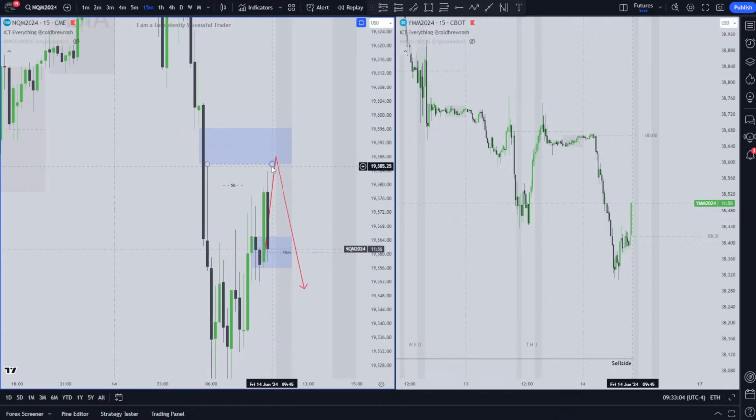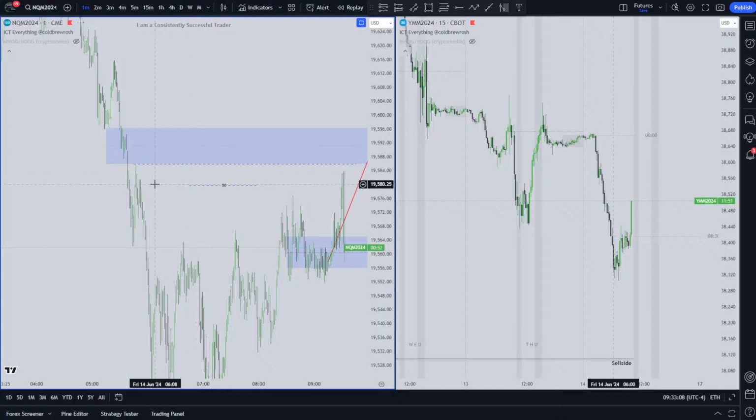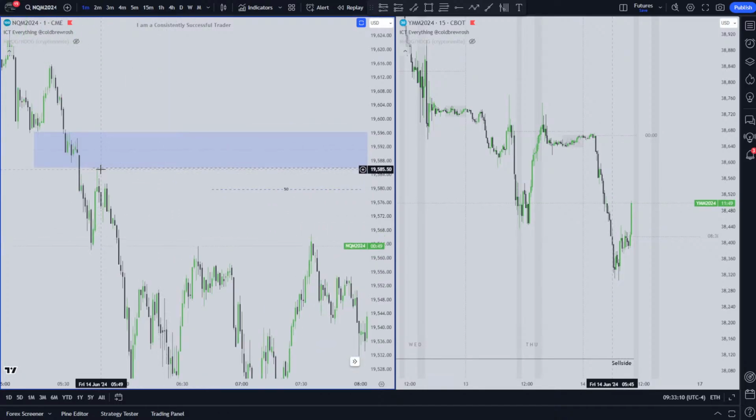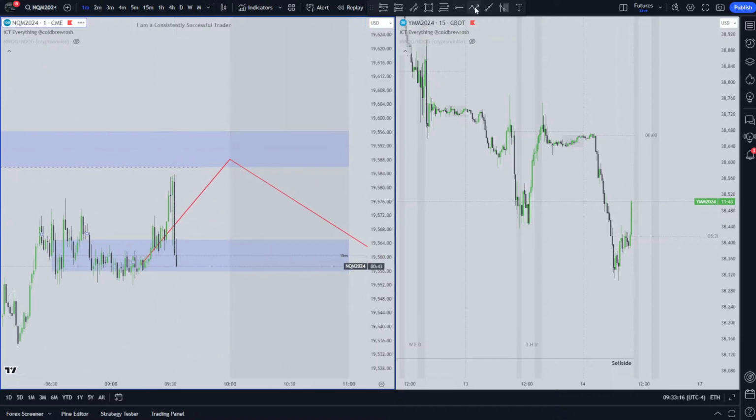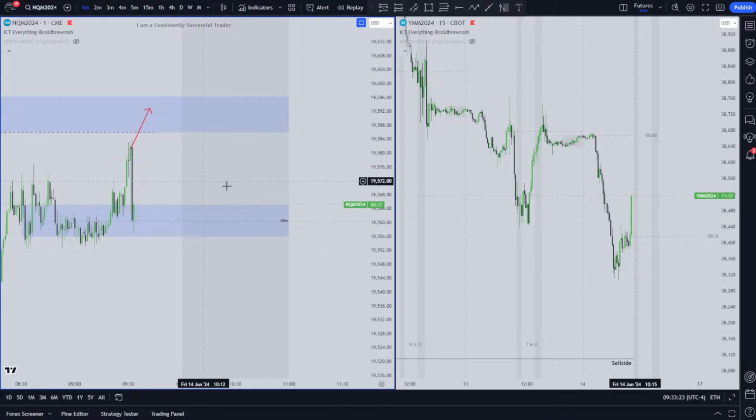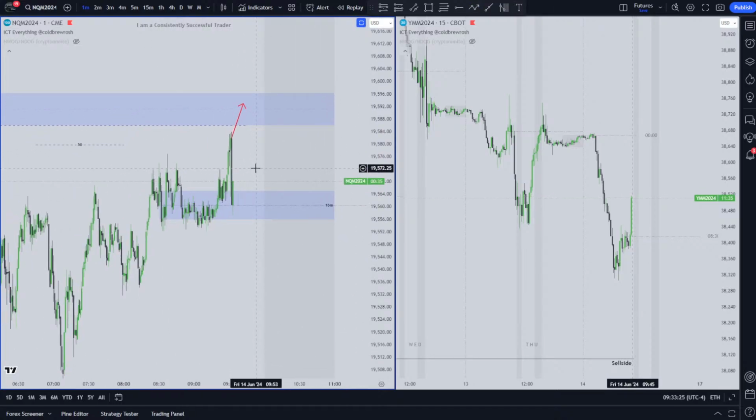Now, when this touches this fair value gap, what's actually happening is that's a high, as you can see. So that fair value gap is represented on a lower time frame as a high. So when it touches the fair value gap, what's actually happening is a total soup on a lower time frame. You might not be aware of that, but markets basically move in sweeps.